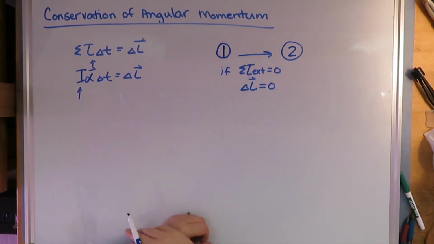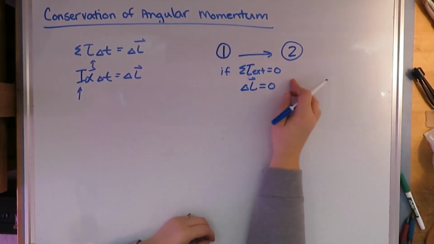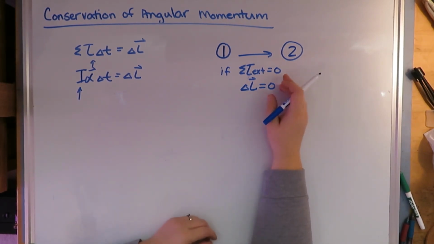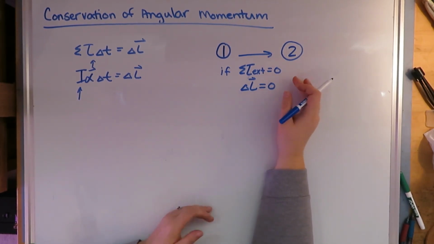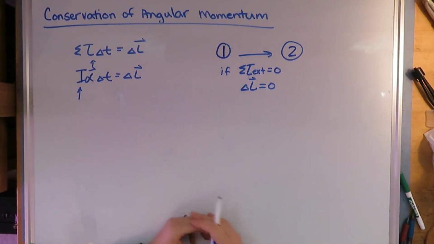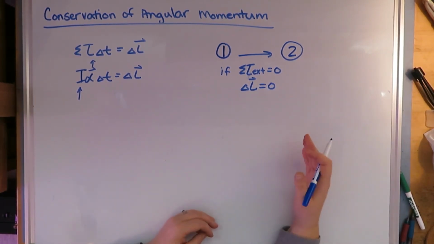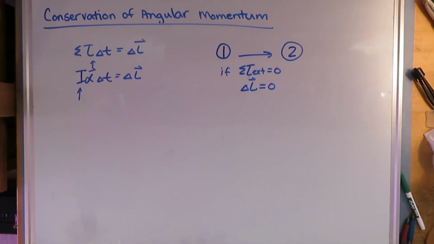You can have lots of internal torques, but as long as your external torques add up to 0, you're fine. I can have a lot of forces acting, but not all of them exert torques. So it's not about the total number of forces, it's about the torques being exerted by those forces.